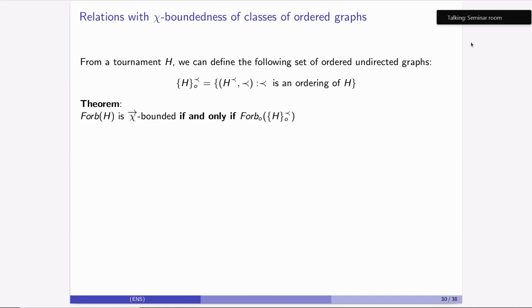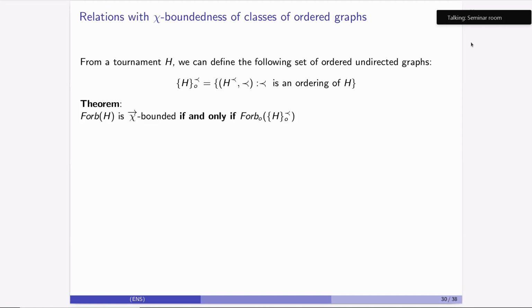So given a tournament H, we can define the following set of ordered undirected graphs. For H, you look at all the backedge graphs, and a backedge graph comes with a natural ordering, of course. So this gives me ordered backedge graphs. So it has n factorial ordered backedge graphs.